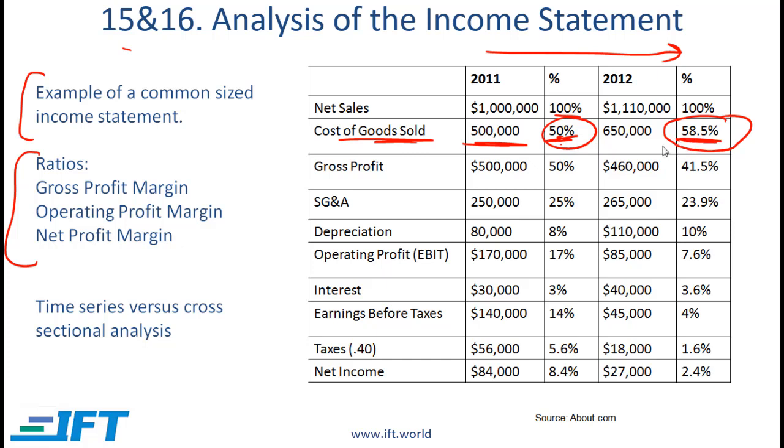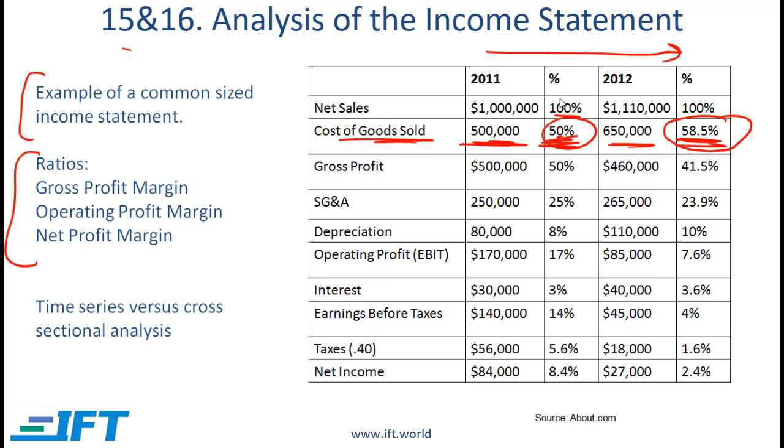Looking at the percentages is much more meaningful than looking at the absolute increase in cost of goods sold, because it is quite possible that the net sales goes up by so much that cost of goods sold goes up in absolute terms, but in percentage terms it doesn't go up that much, or in percentage terms it might also go down. But looking at the common size statement gives you a clearer picture of what's happening relative to revenue.